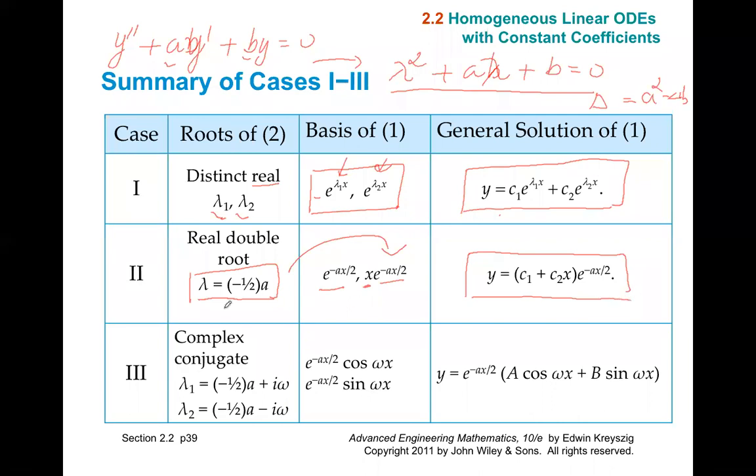And the last case is complex roots, so lambda 1 and lambda 2 are complex numbers, and we obtain the general solution by this equation. Similar to before, according to the initial conditions, we can find the specific values of the arbitrary constants C1 and C2, as well as A and B in this equation, for example.